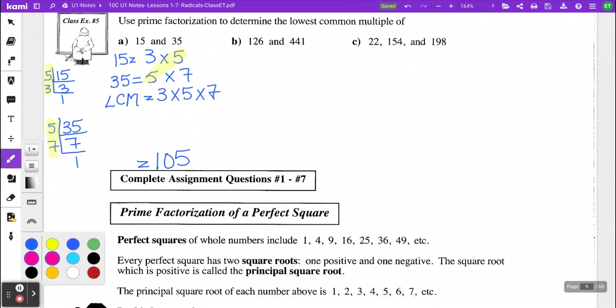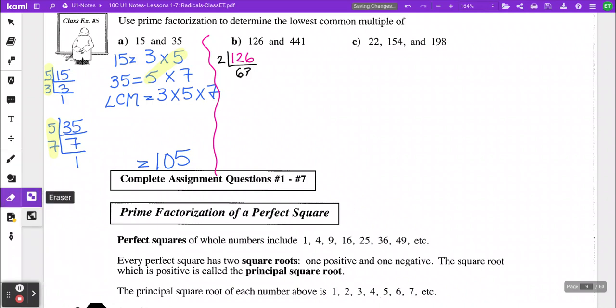Okay, next question. 126 and 441. Again, I'm going to use a division table to save room. I'm going to take 126. It's an even number. Even numbers divide by 2. 126 cut in half is going to give me 63. 63 is an odd number.